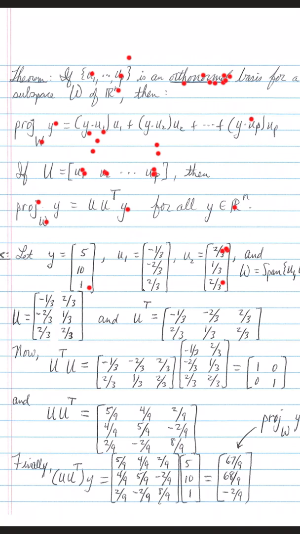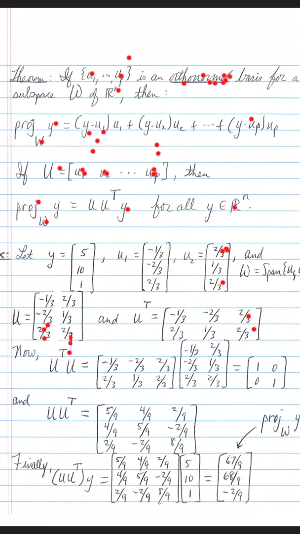All right, let's build matrix U. If capital U is the matrix formed by u1 and u2, if we had more vectors, we'd have more columns. So that's u1, u2 side by side. The transpose, column 1 is row 1. Column 2 is row 2.